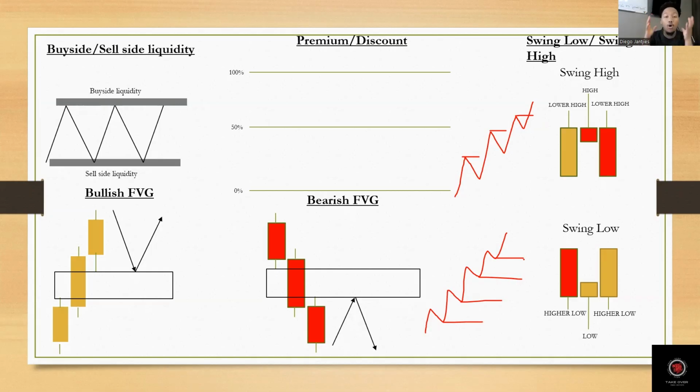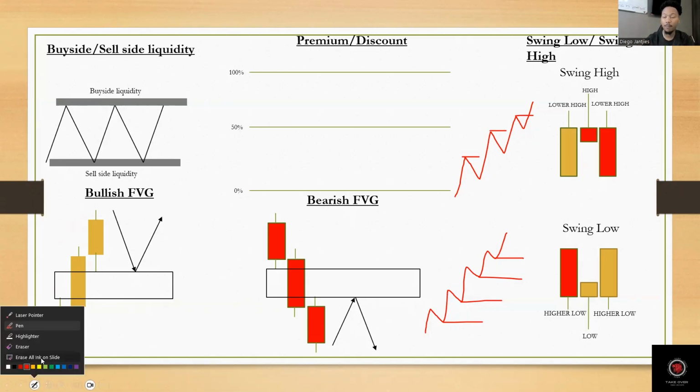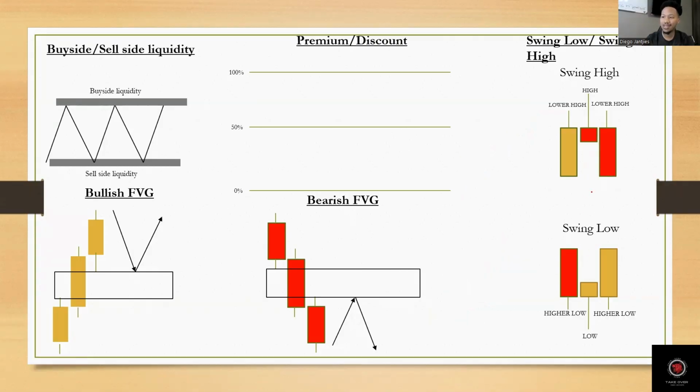That's the only way a swing high and swing low will look. There's no other way. If you're looking at a swing high, it needs to have an actual high, a lower high to the left, and a lower high to the right. A swing low must have an actual low, a higher low to the left and a higher low to the right. Then you will only consider it as your swing points if it looks like this right there.